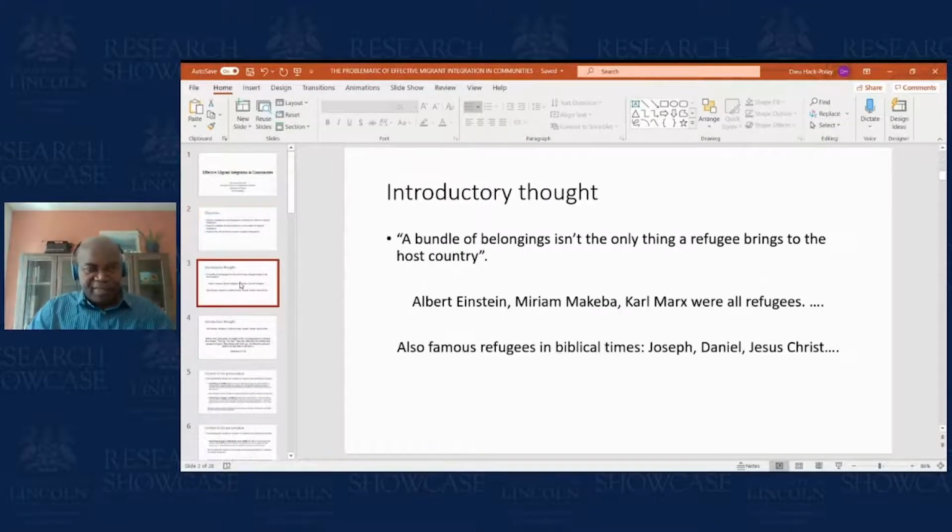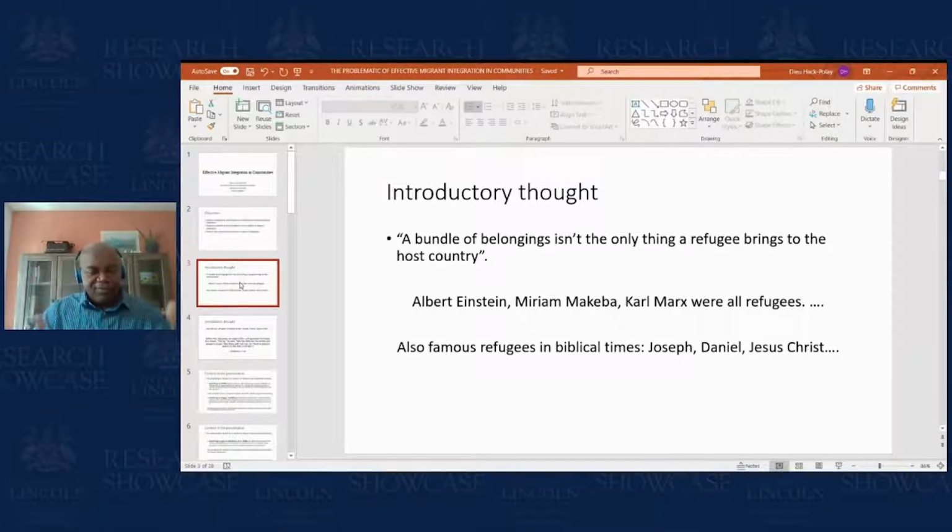But let's look at some introductory thought. Usually when we talk about migrants, it looks like we are looking at poor or deprived people who come to our countries. But if we look at some of these names here, particularly famous people like Albert Einstein, coming to the United States around the Second World War, Miriam Makeba, famous singer from South Africa, Karl Marx, a famous economist from Germany.